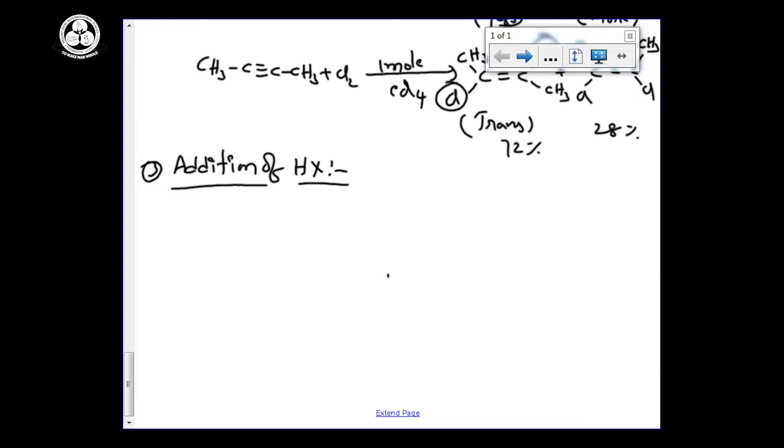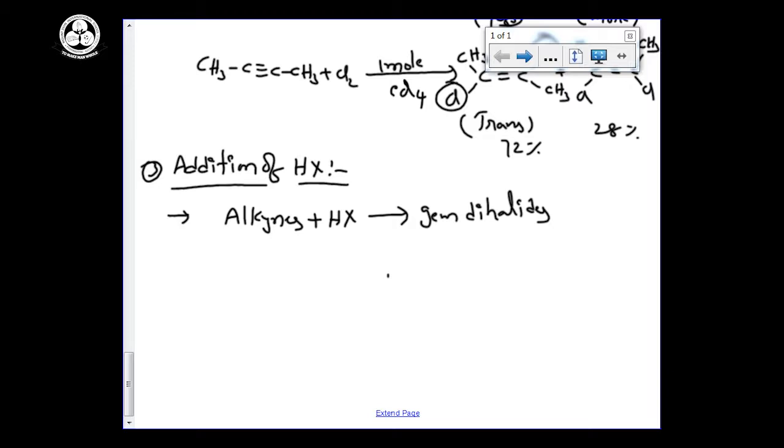One most important point we have to memorize: alkynes on addition of hydrogen halide give gem dihalides. First important point, when you add the hydrogen halide to alkynes, you form the gem dihalides.